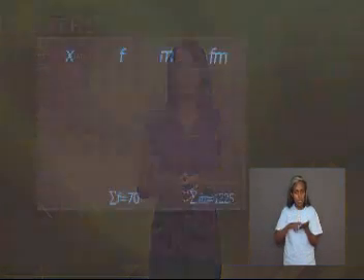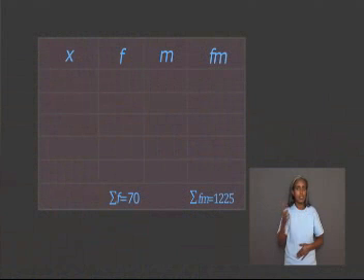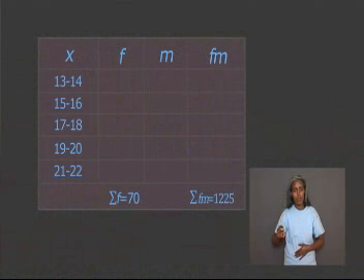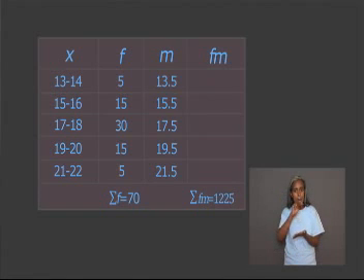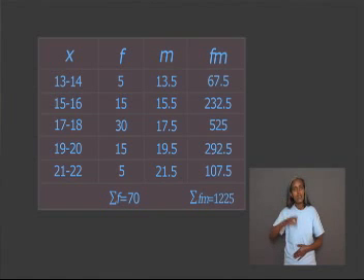To calculate the mean, median, and mode of the data, we first create this table. We have a column for the age distribution, a column for frequency, a column for distribution mean, and a column for the frequency times the mean.